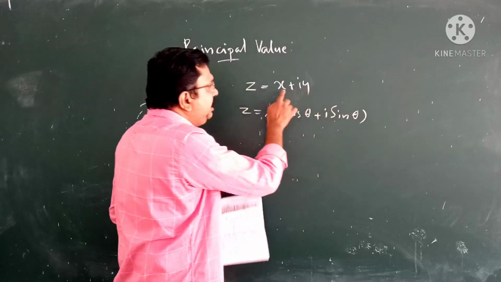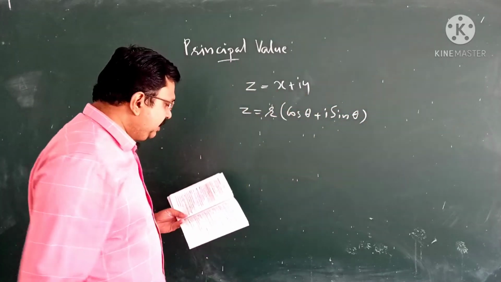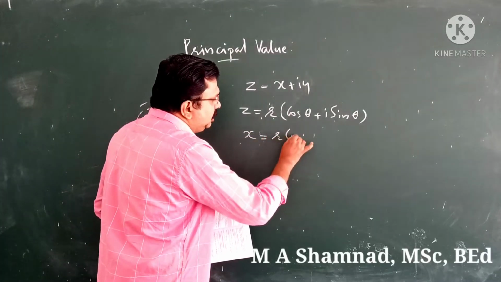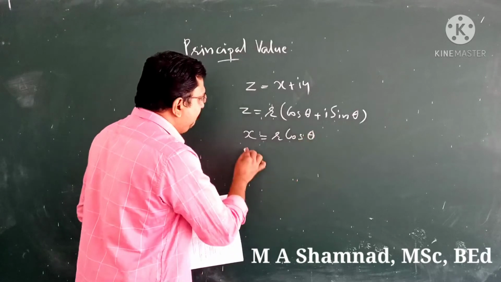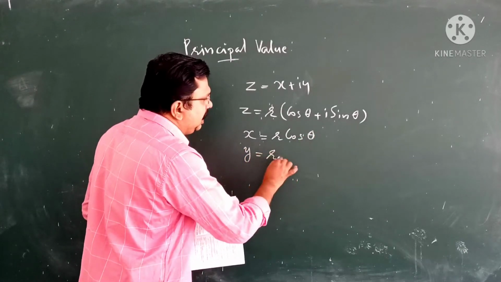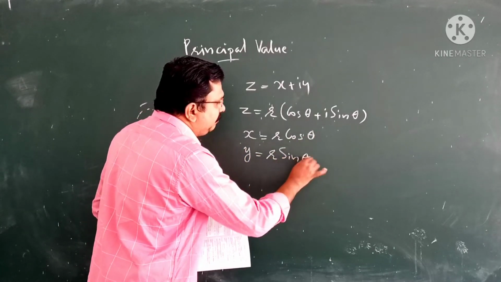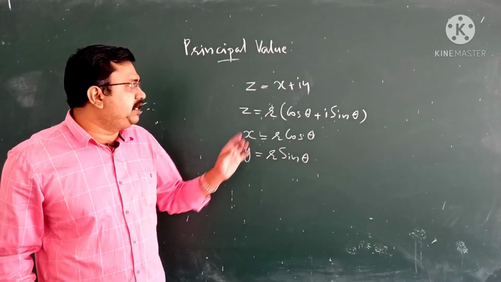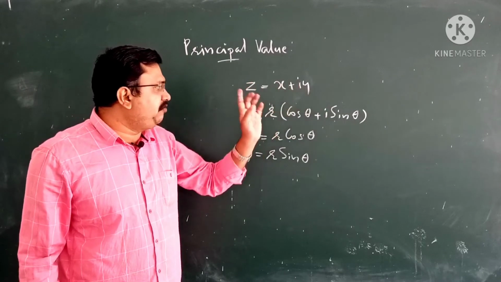Okay, comparing these two equations, we can write x equal to r cos theta and y equal to r sin theta. Z equal to x plus iy.